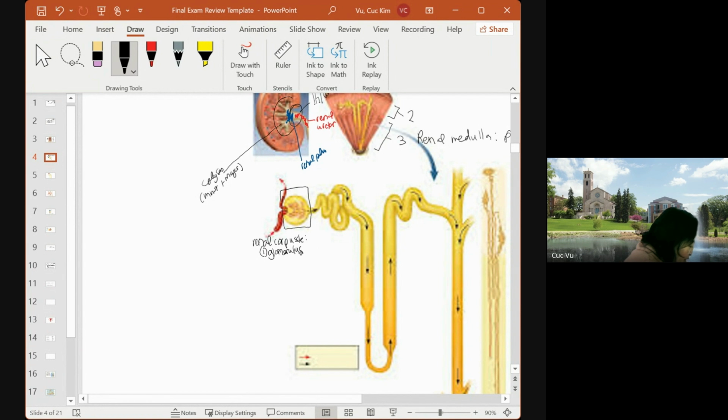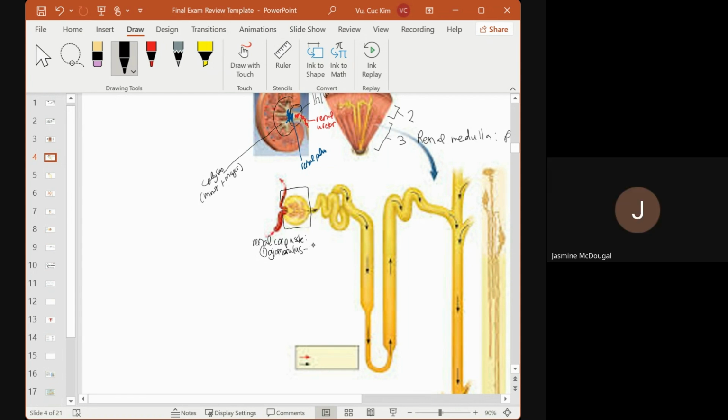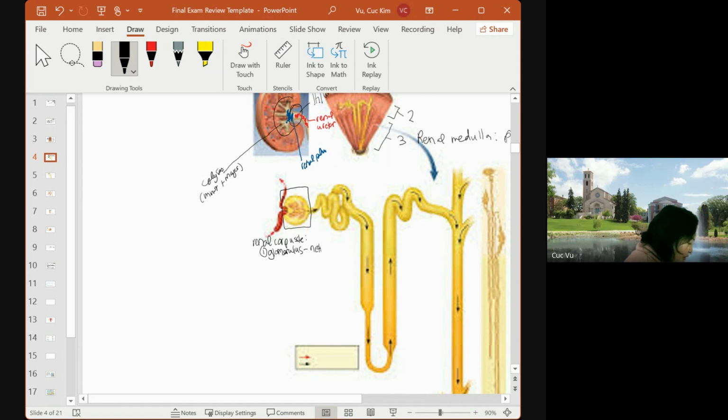Can someone remind me what the glomerulus is? What's the glomerulus? It's a network of capillaries. And the glomerular capsule.